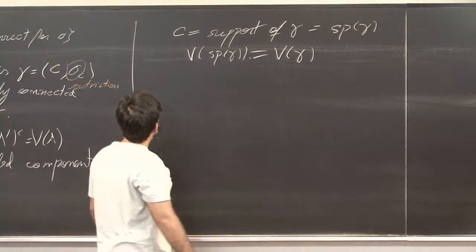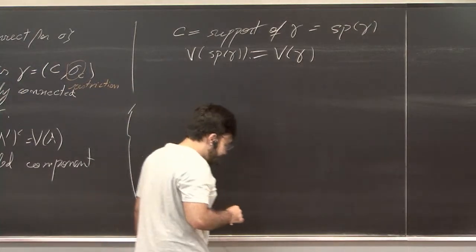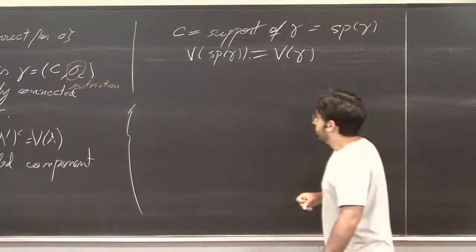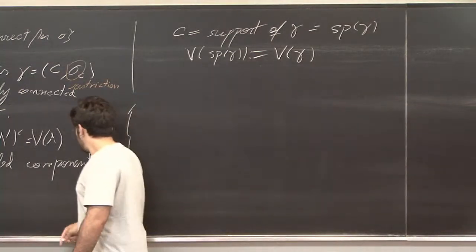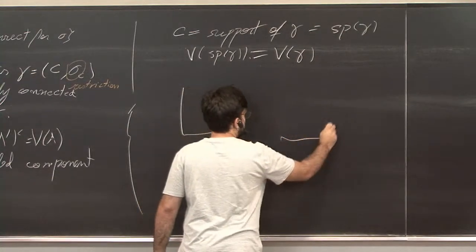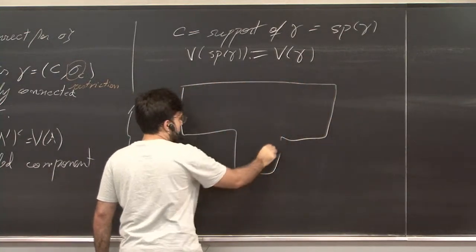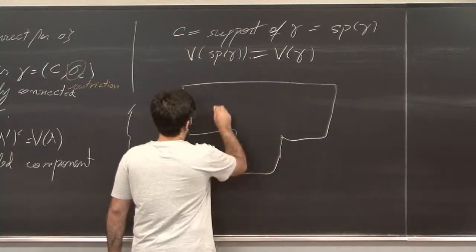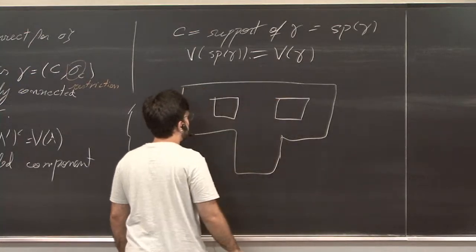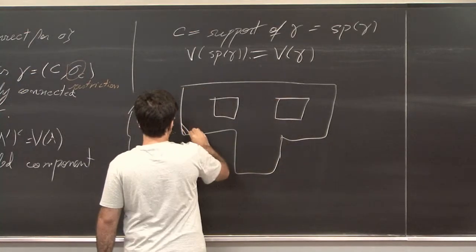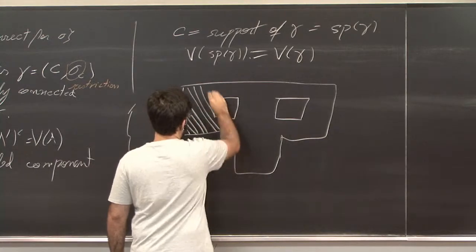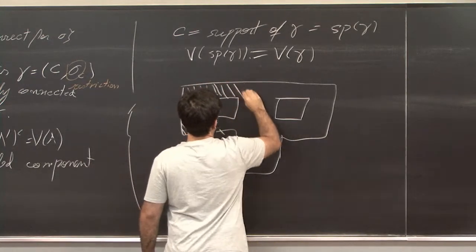And what else? Well, there is another point that we talked about yesterday, that when you have a contour, so let's say you have something like this, and then you have two holes, okay, and then the incorrect points is the white region.